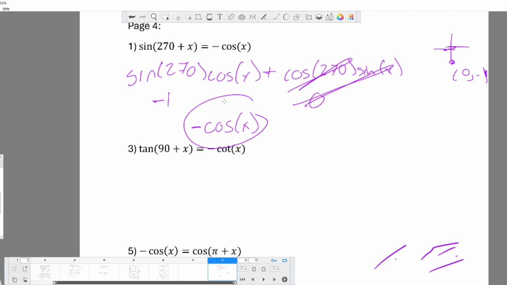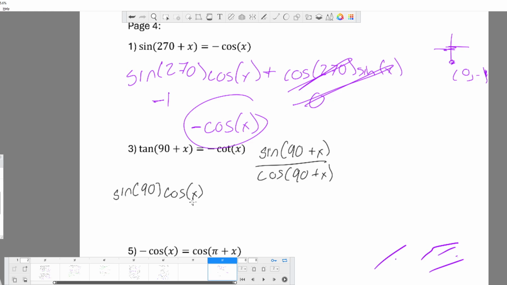This tangent one, I would want to solve where I turn it into sine on top, cosine on bottom, because I think that's going to lead us to cotangent better. So when we do this, the sine on top will be sine of 90, cosine of x, same sign, cosine of 90, sine of x over.